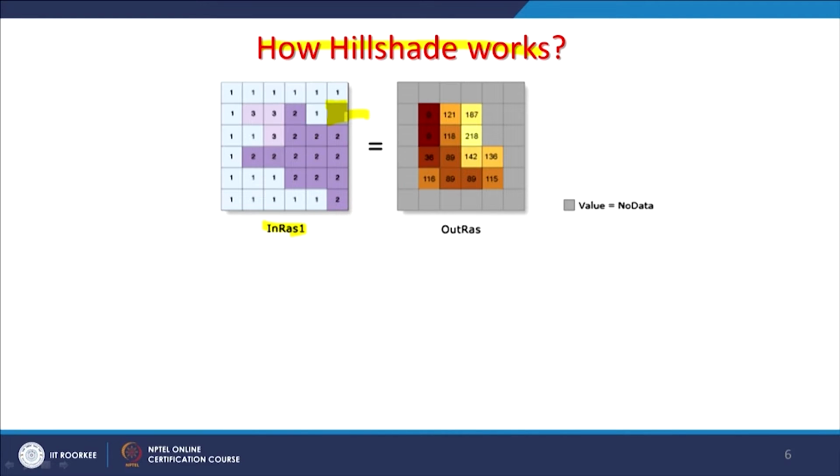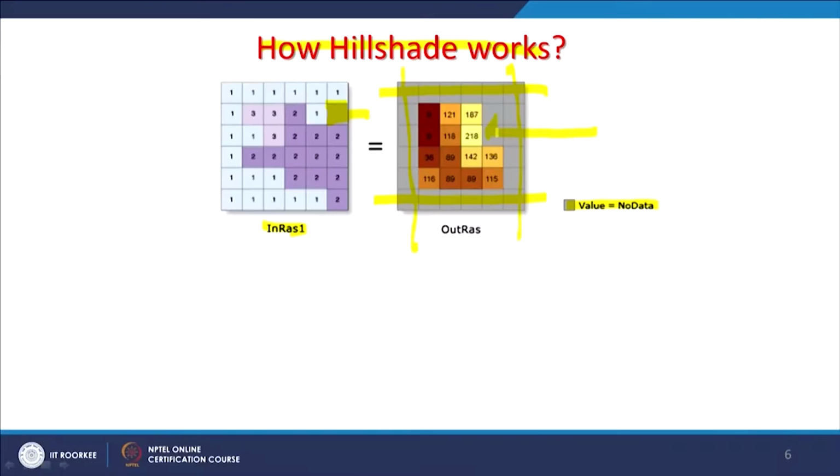Further, output will also not have any data along the boundary, a one cell thick boundary all along your output. So, only for the center area, excluding that boundary, you will have values. And as you remember, 7 cells out of 8 cells should have a value. For the center cell calculation, there are 9 cells in the 3 by 3 kernel, so we are looking at the 8 neighbors.